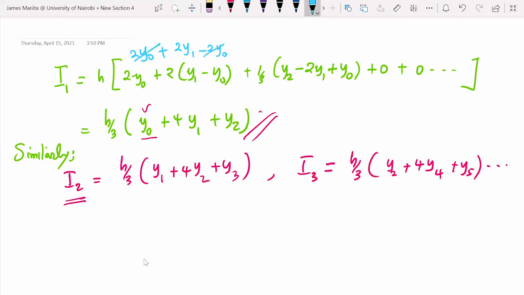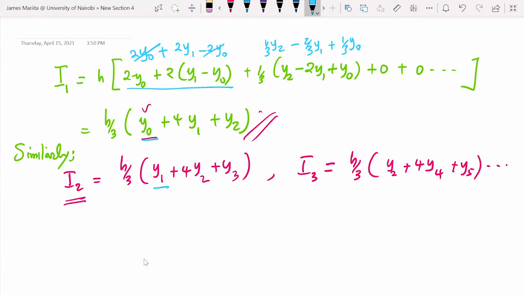So what is left between here up to that point is positive 2y1, right? Then here we have 1/3 y2 minus 2/3 y1 plus 1/3 y naught. There is no y naught, so h over 3 y naught is correct, right?